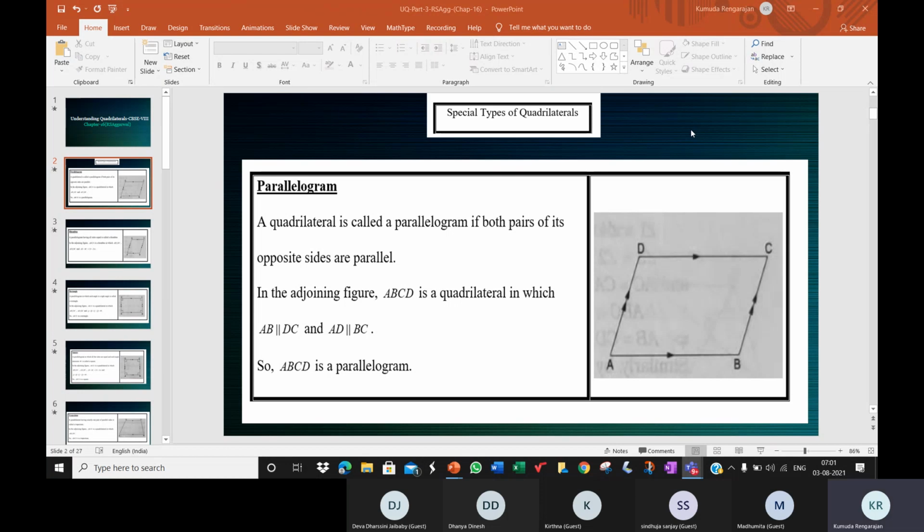First one, parallelogram. Under that, first point, both pairs of opposite sides parallel. Second point, both pairs of opposite sides equal.